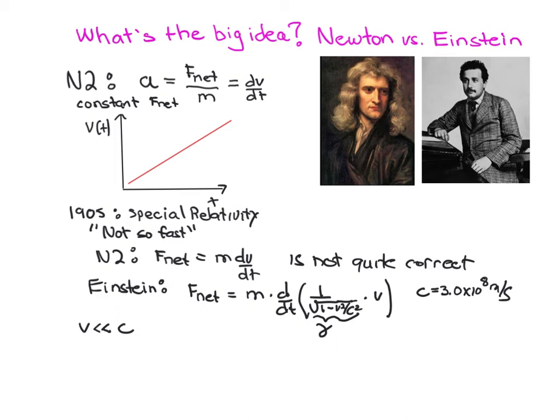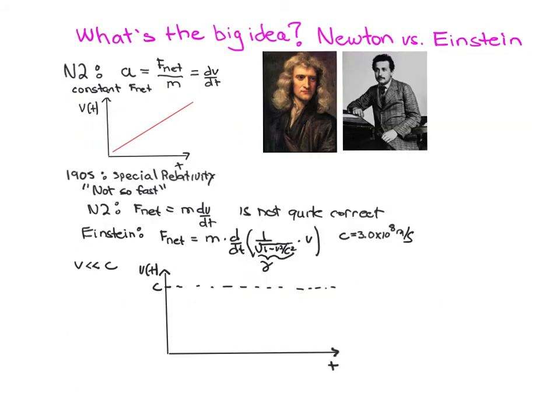And let me just tell you, without deriving it, in the case of a constant force, as objects begin to approach the speed of light, what does v of t look like in that case? So on this new graph here, first let me remind you, I'll just draw the prediction of Newton's second law.